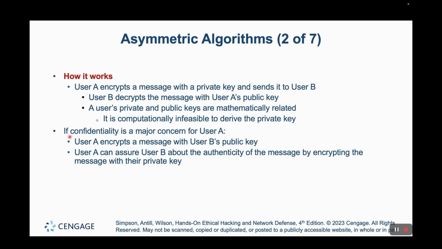Now, the second scenario: if confidentiality is a major concern, user A encrypts a message with user B's public key. Now, user A can assure user B about the authenticity of the message simply by encrypting the message with their private key.